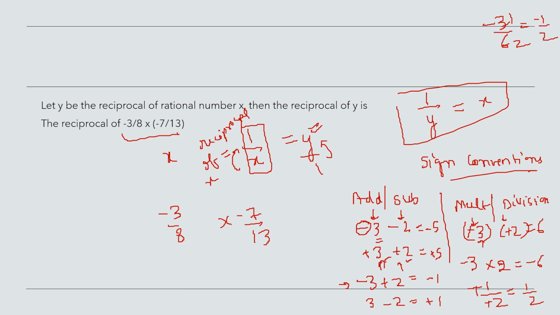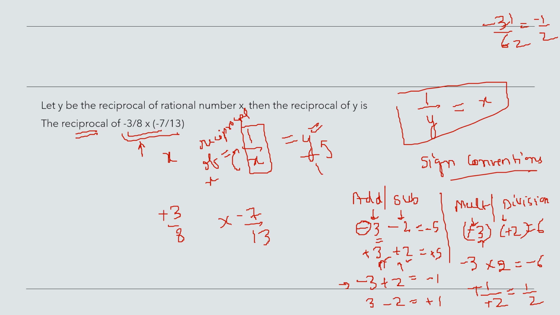Okay. I'm hoping that sign conventions are clear to you. Though you have studied them in your previous classes, still, it's a recap. Now you have to find out the reciprocal. Sometimes we are misled by this question that, okay, just take the reciprocal and we get the answer. No, always solve it, get it into simplified form, and then do reciprocal.